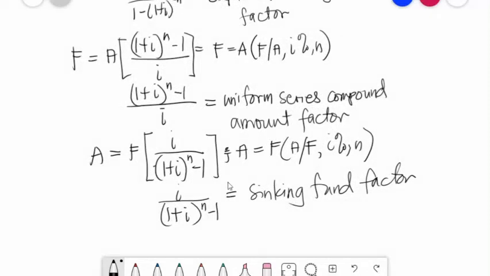If your annuity is unknown but the future worth is given, we can solve using A is equal to F times i all over ((1 plus i) raised to n minus 1). And that is what we call the sinking fund factor.